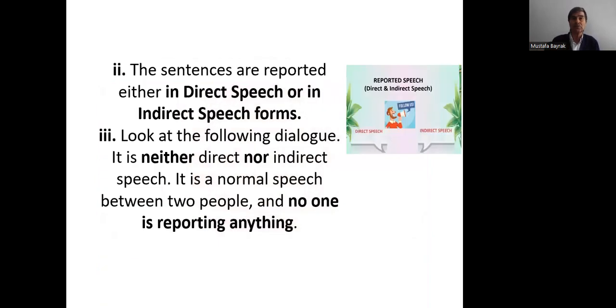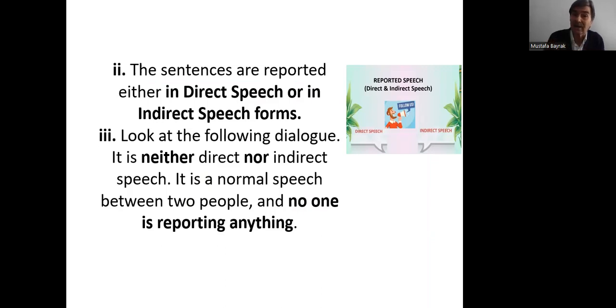Now, Roman number two, let's think about it deeply. Let's focus on this explanation. The sentences are reported either in direct speech or in indirect speech forms. Roman number three, look at the following dialogue below. The coming dialogue is after this slide.